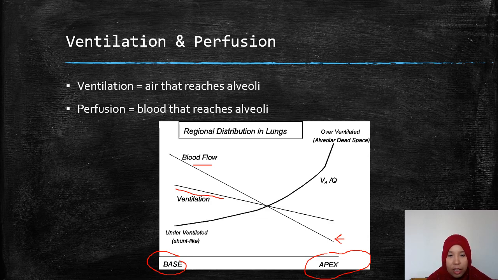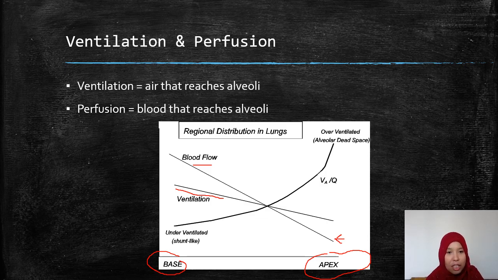blood flow and ventilation. In order to show the efficiency of respiration, you have to have a certain blood flow that tallies with a certain ventilation, right? So it's a waste of air if there's not enough blood to help transport the oxygen or the carbon dioxide.